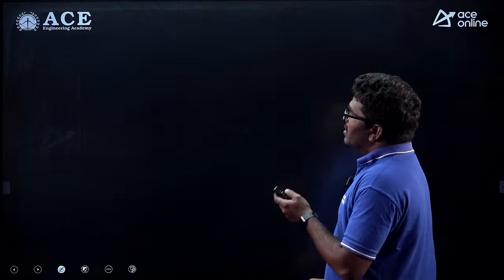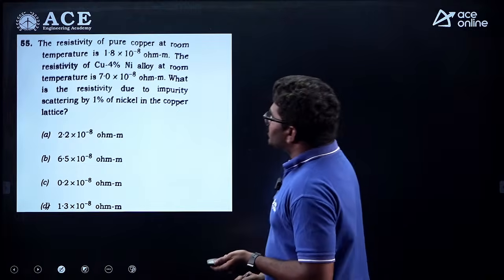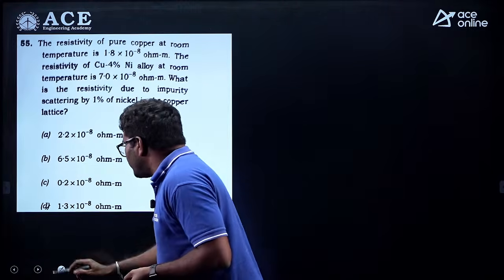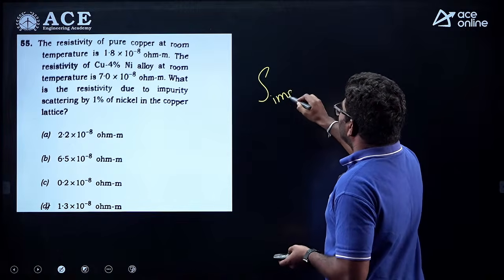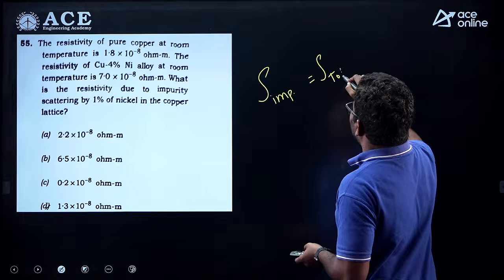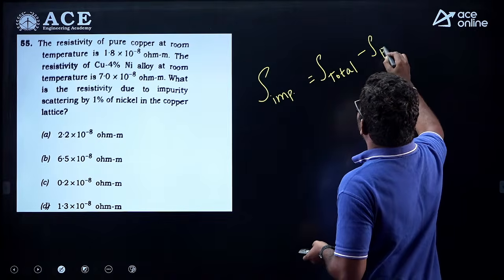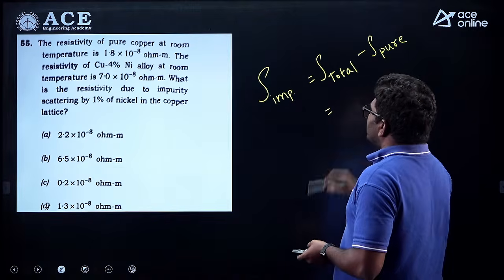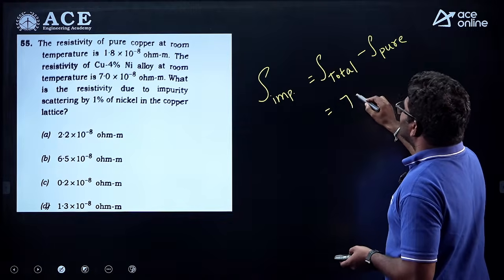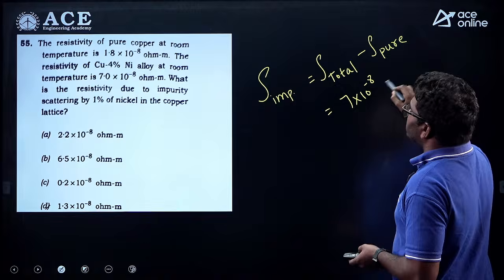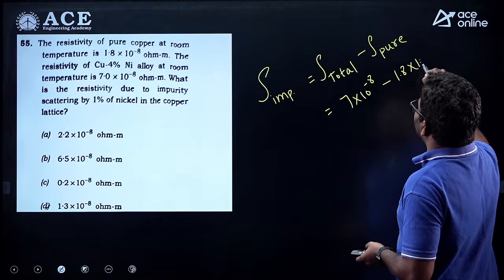Now the next question is related to impurity materials. See, resistivity of impurity is equal to resistivity of total minus resistivity of pure. So let us consider 4% impurity resistivity. You can take total as 7 into 10 power minus 8 minus 1.8 into 10 power minus 8.